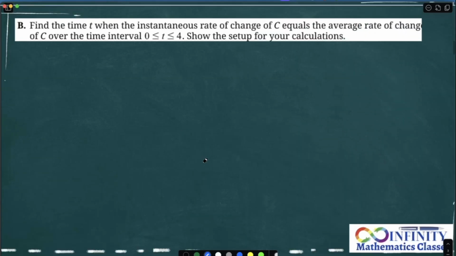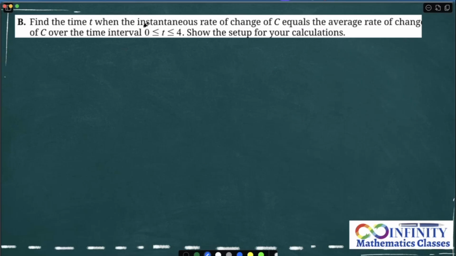Now the second question is: find the time t when the instantaneous rate of change of C equals the average rate of change of C. Instantaneous rate of change is going to be the derivative, and the average rate of change is the value of C(4) minus C(0) divided by 4 minus 0.